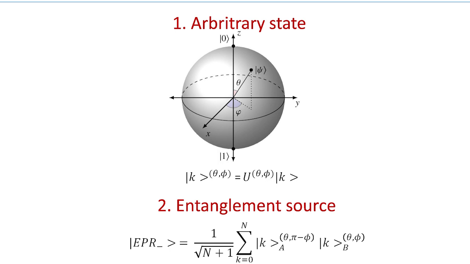This U(theta, phi) is the appropriate unitary operation, generally a rotation, by which we can orient along any direction on the Bloch sphere. And these k are the Fock states, which tell the number of particles in the two-component system.